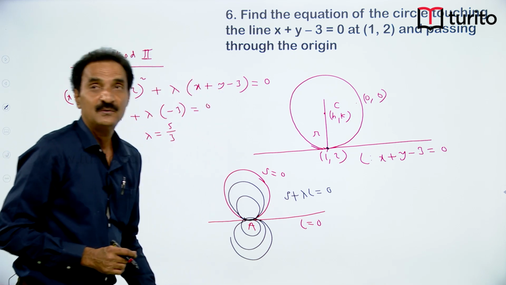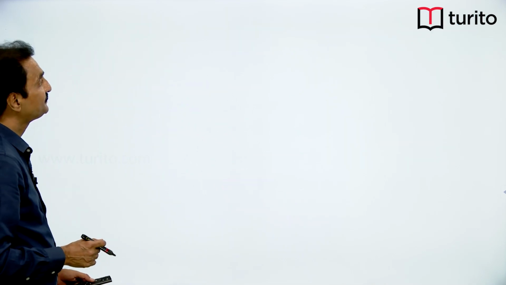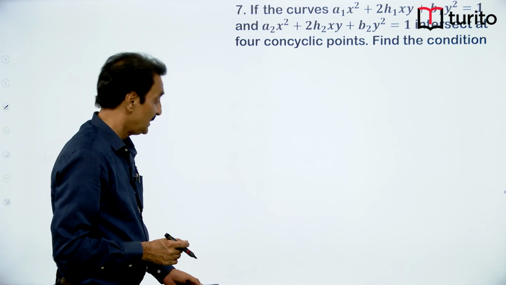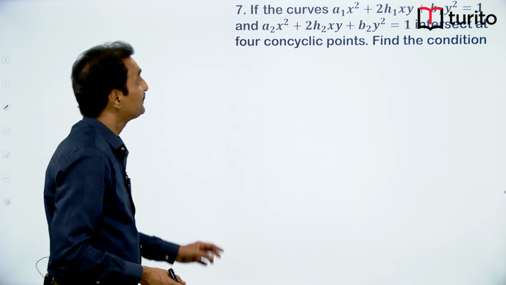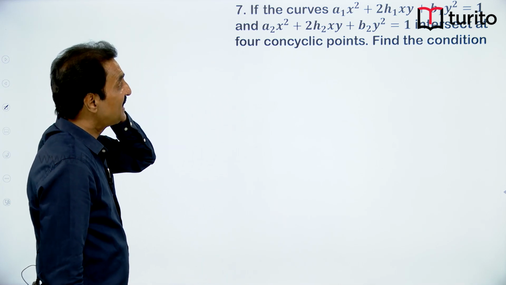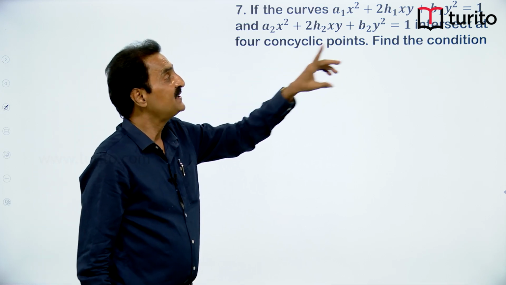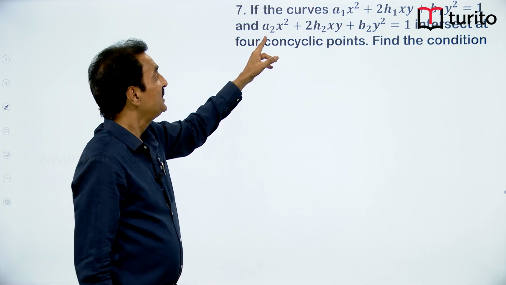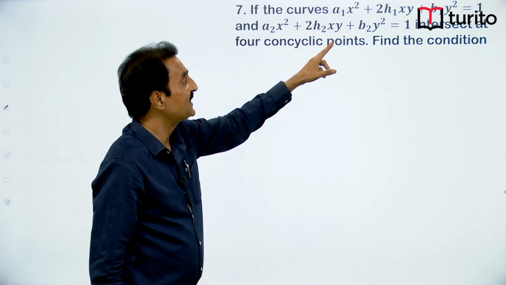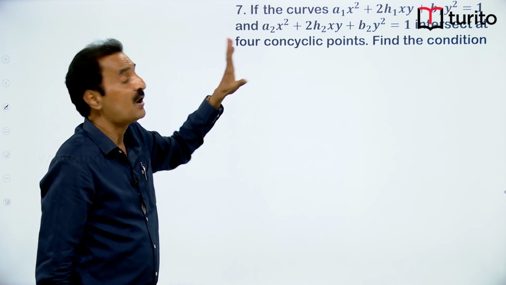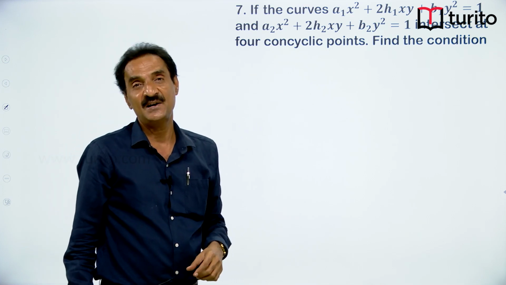Now, next question. If the curves a1 x square plus 2h1 xy plus b1 y square is equal to 1, a2 x square plus 2h2 xy plus b2 y square is equal to 1, intersect at 4 concyclic points, find the condition.